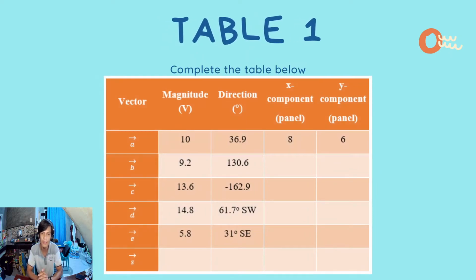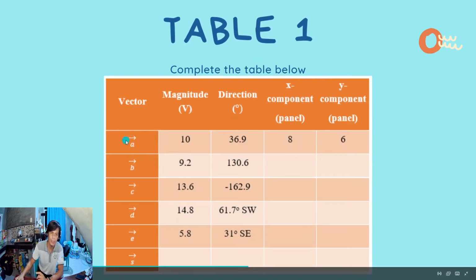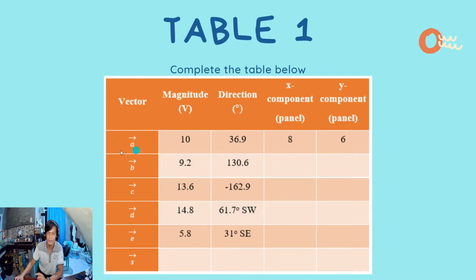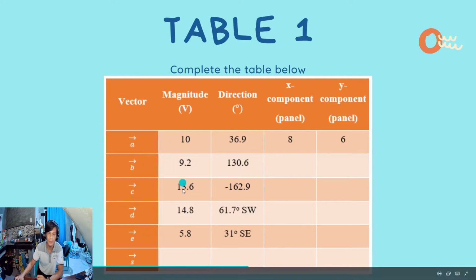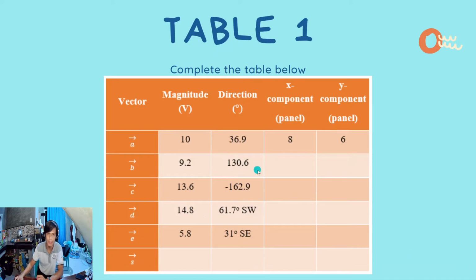Okay, let's see the table. So we have here the table. Vector 1 is already done, and I will give you that as an example. And vectors B to E will be plotted by you, my dear students.